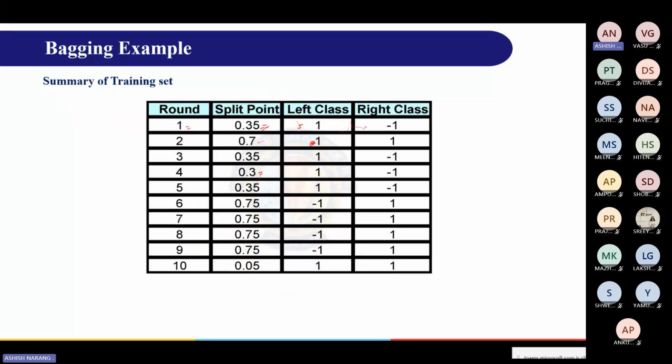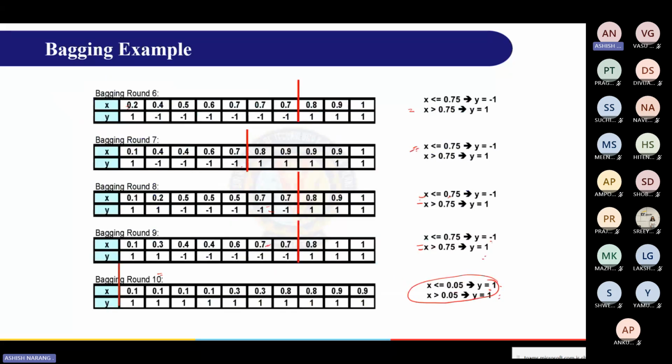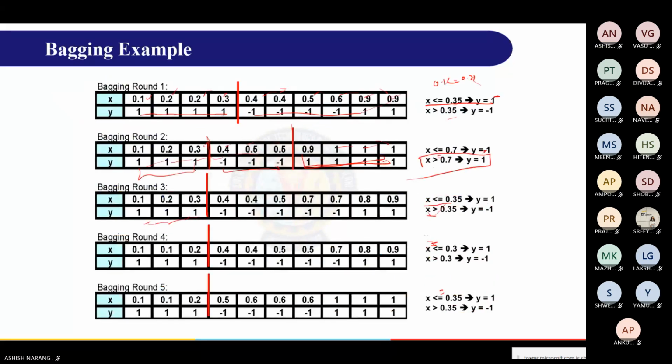None of the individual classifiers is correct on its own. Even at 0.35, the left class is 1, but the right class is not completely -1.